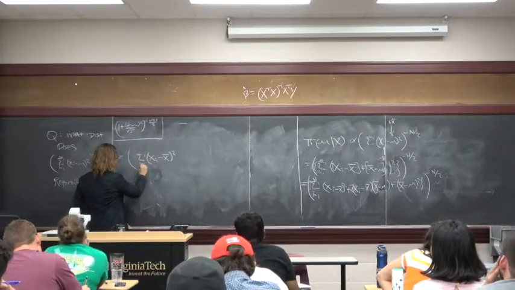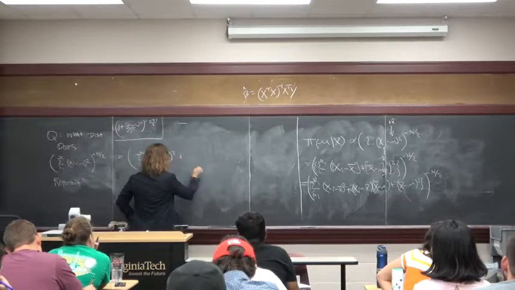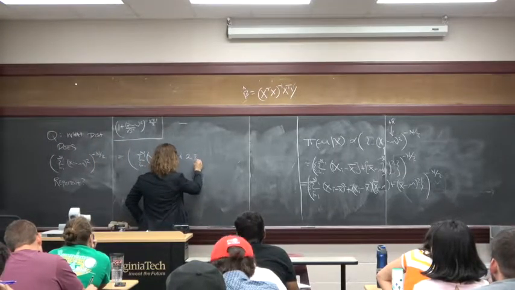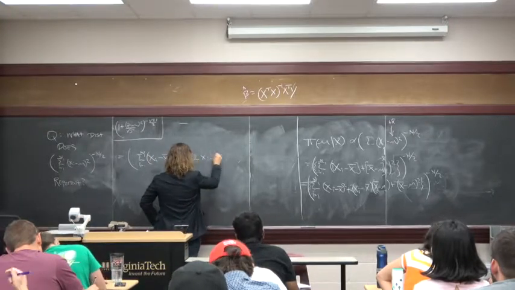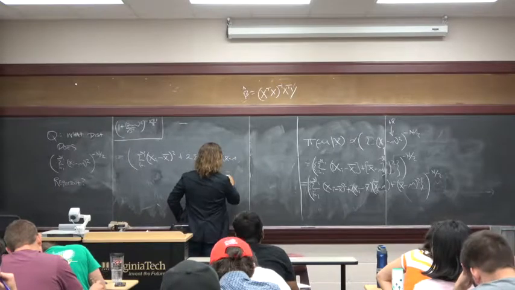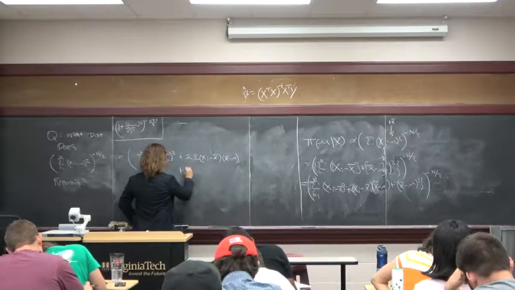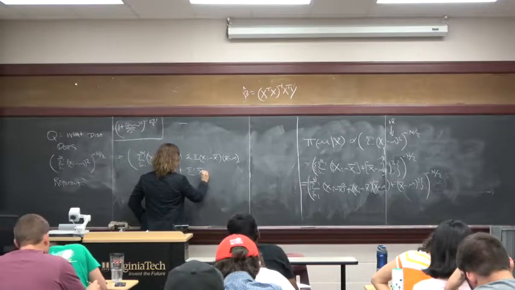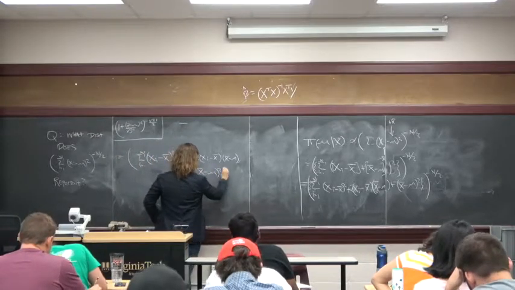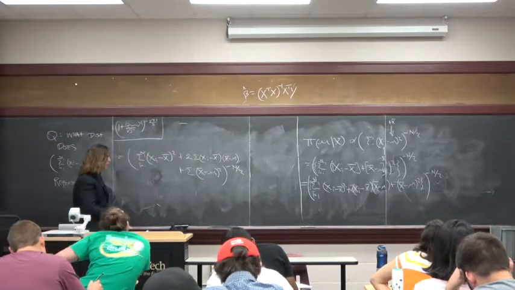The sum is just affecting this term, so I slide my sum across, plus 2 times the sum of xi's minus x bar, times x bar minus mu, plus the sum of x bar minus mu squared. And all of this is raised to the minus n over 2.